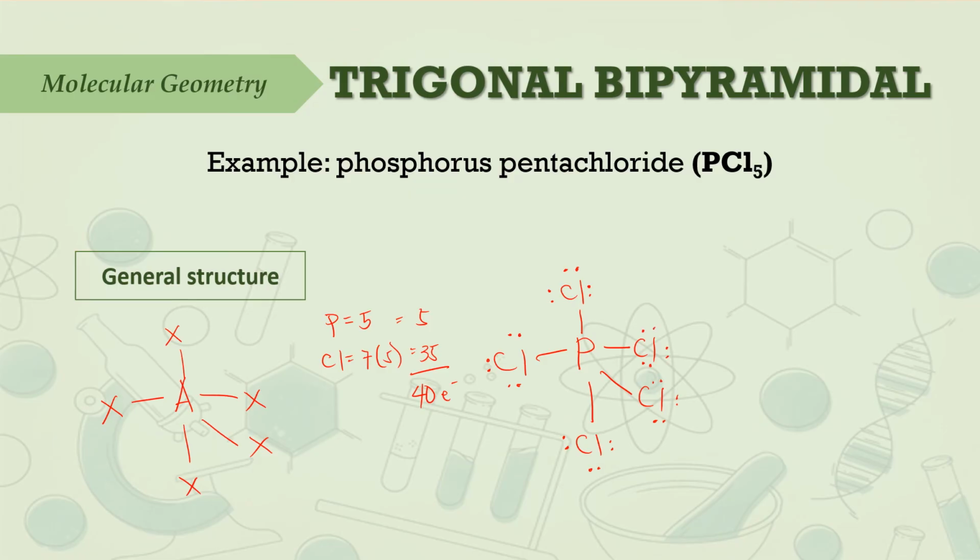Phosphorus in here carries 10 electrons because phosphorus belongs to period 3. So again, it could hold more than 8 electrons. It's an exception to the octet rule. And since the central atom in here doesn't have any lone pairs, then this structure is non-polar.